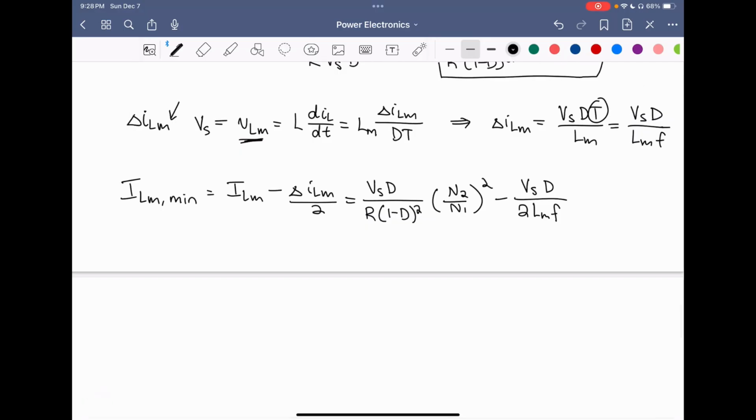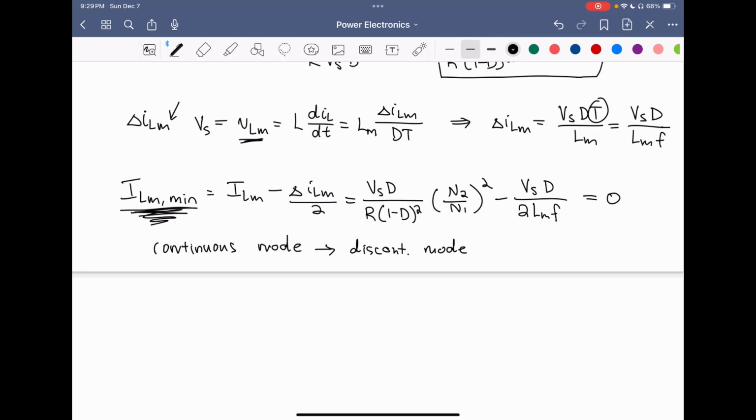Now, in the boundary case, from continuous current mode to discontinuous mode, we're going to have the minimum magnetizing current equal to 0.